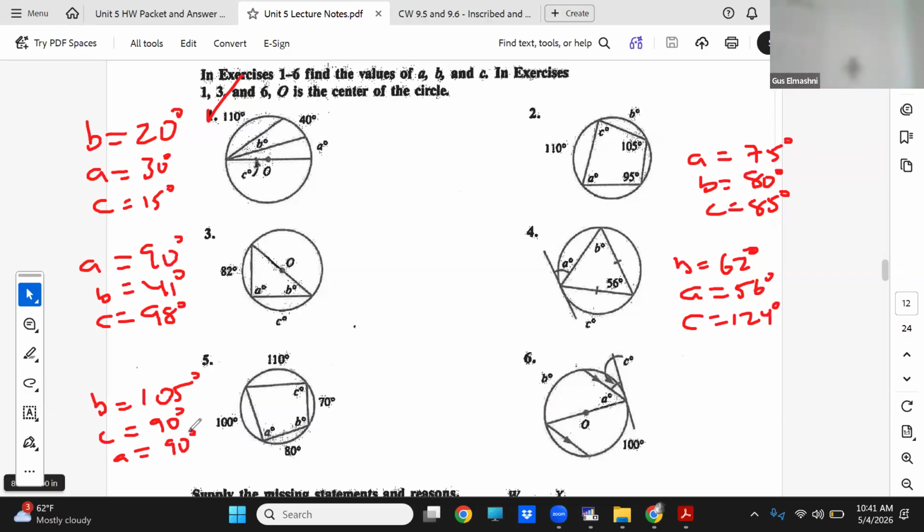For B, yeah, because it's intercepting this arc here. 100 plus 110 is 210. It has to be half. And then if that's 50, by the way, for our lines, A is going to be 50, and B is going to be 100. And if that's 100, that's 80. C is going to be 40.